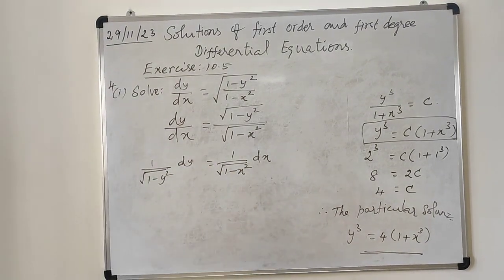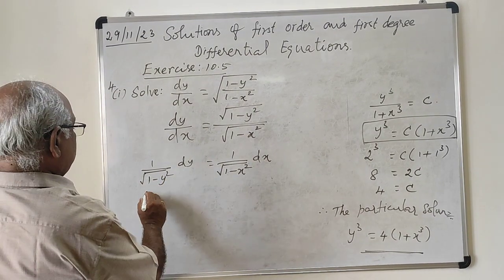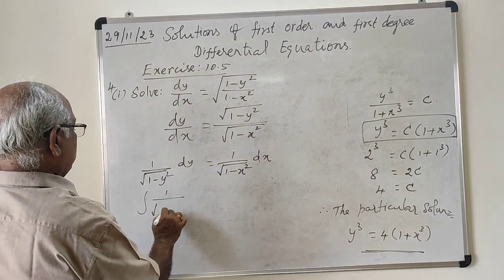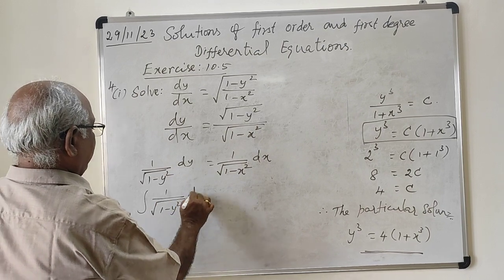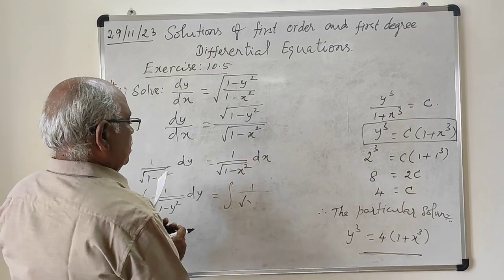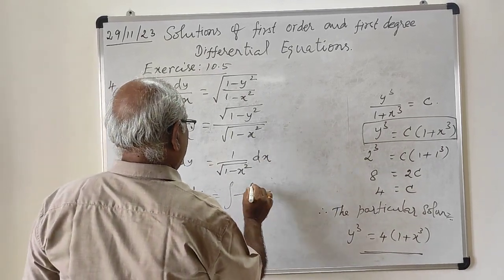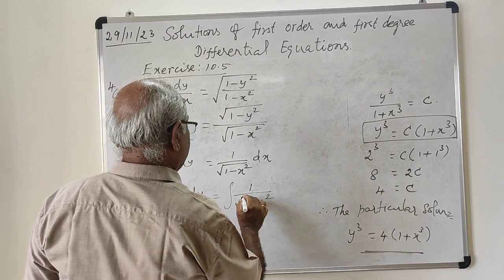So variables are separated and we have to integrate. Integrating both sides, integral 1 by root of 1 minus y square dy equal to integral 1 by root of 1 minus x square dx.